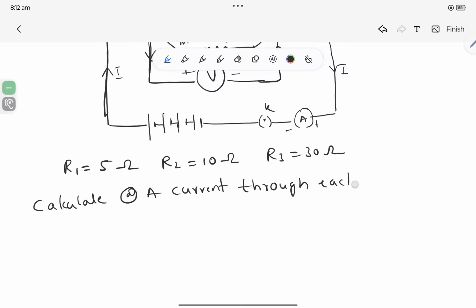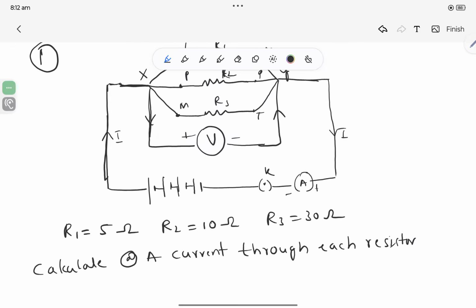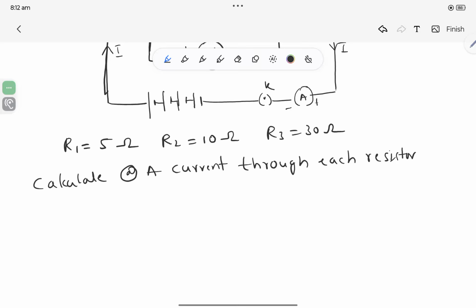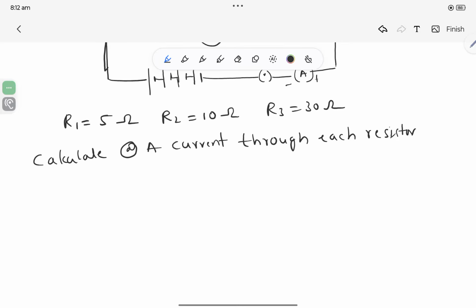As we know, when resistors are connected in parallel, the voltage remains constant for all resistors, but the current varies. The second part is the total current in the circuit.